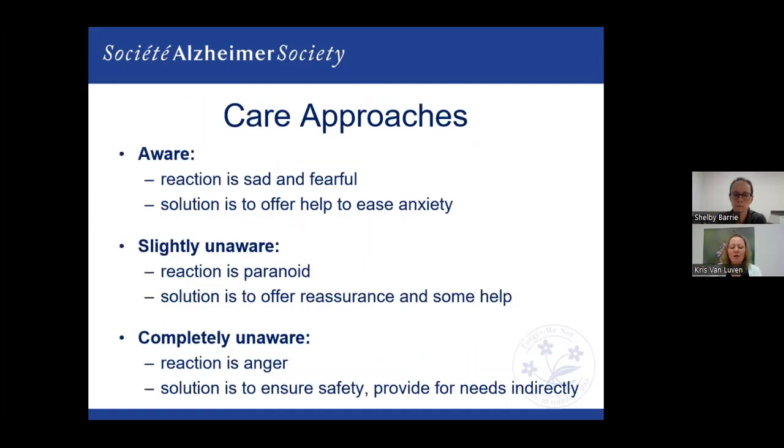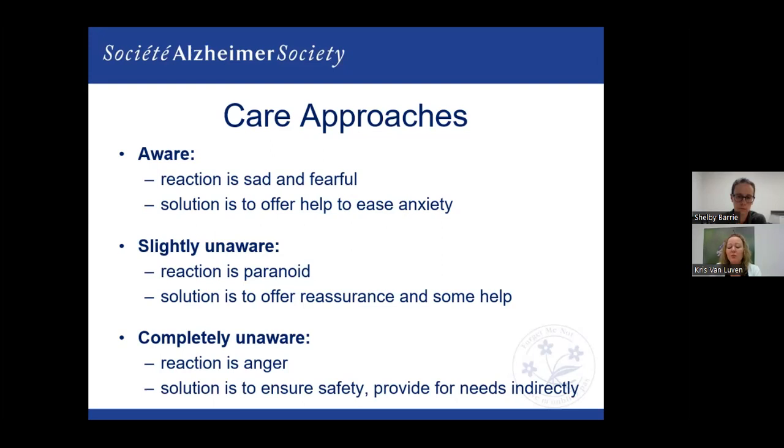So if you'll recall, a person who's experiencing anosognosia can have different levels of self-awareness. If you think of that image on the screen of the arrow and the progression there, the person can range from aware to slightly aware to completely unaware. And you might take a different care approach depending on the person's level of insight and awareness.